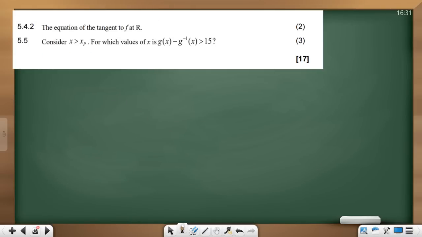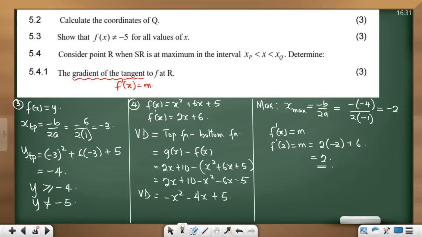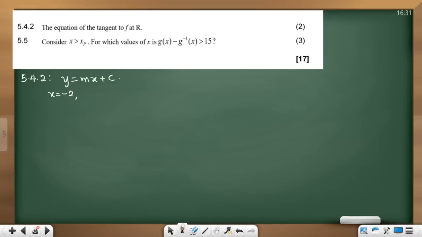5.4.2, the equation of the tangent. All right. Y equals mx plus c. Already I know my x is negative 2 at that point, and m is 2.